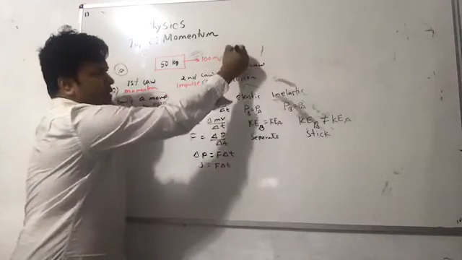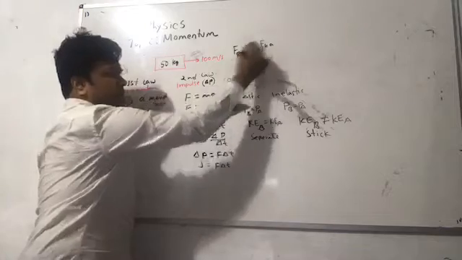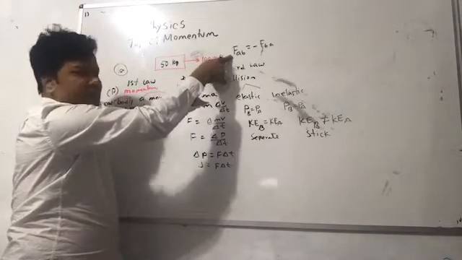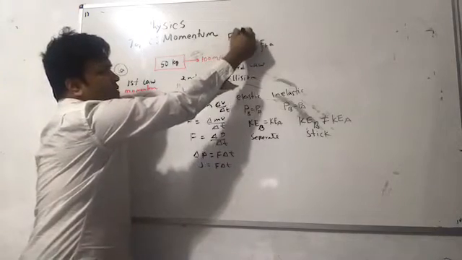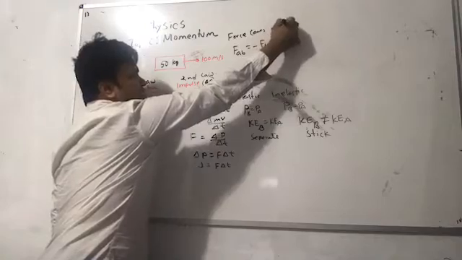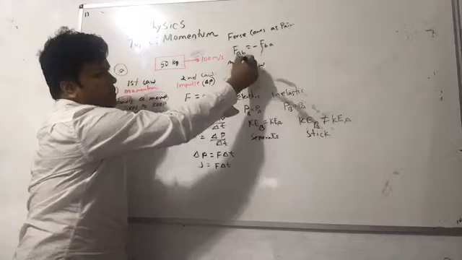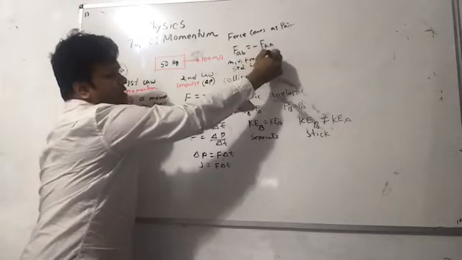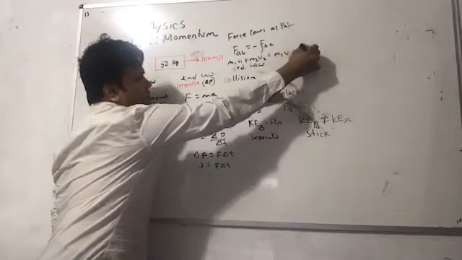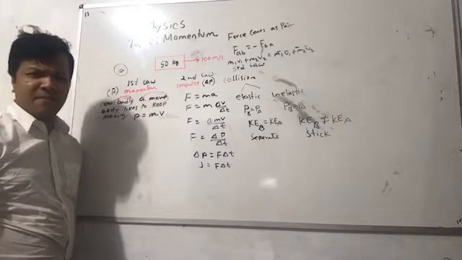F AB is equal to negative F BA. What does that mean? The force comes as a pair. So m1 v1 plus m2 v2 is equal to m1 v1 plus m2 v2 after. Obviously.